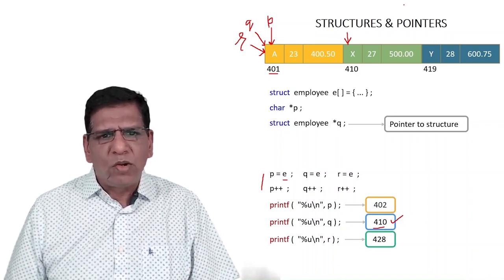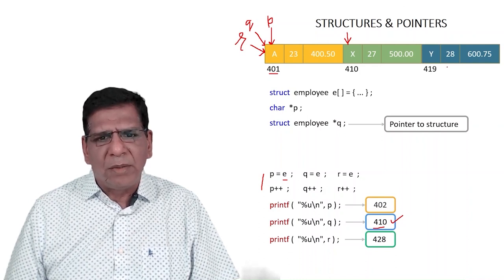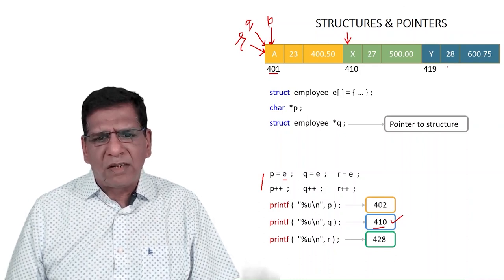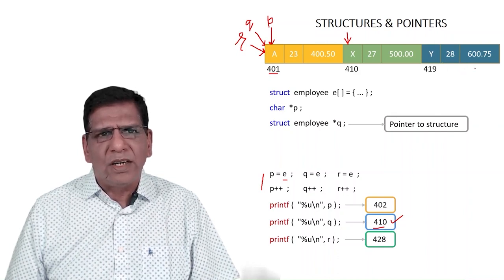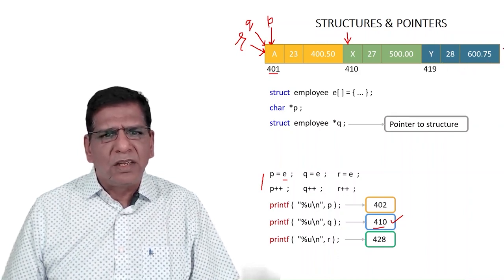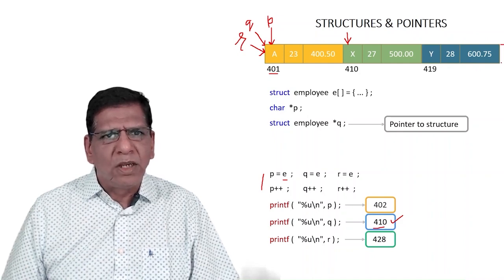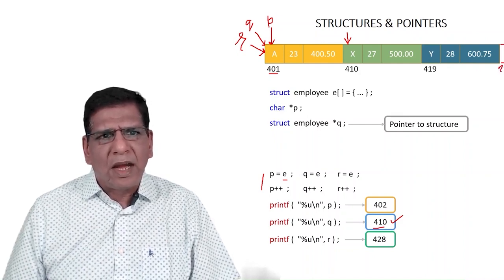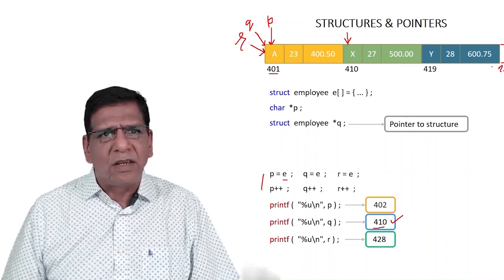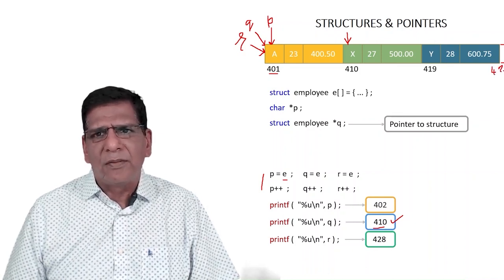If it is a pointer to an array of structures, then on incrementing it, I will be taken to the next array of structures. The next array of structures will begin at 428. We are thinking of R as if to begin with it's a pointer pointing here, and I am saying that it's an array of this and it's a pointer to this entire array.